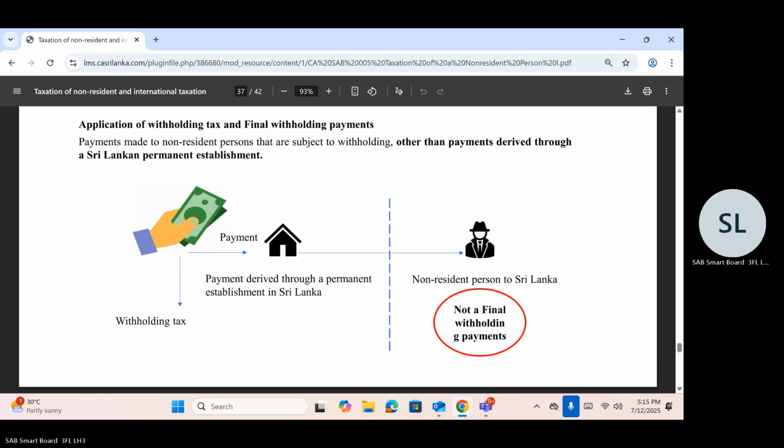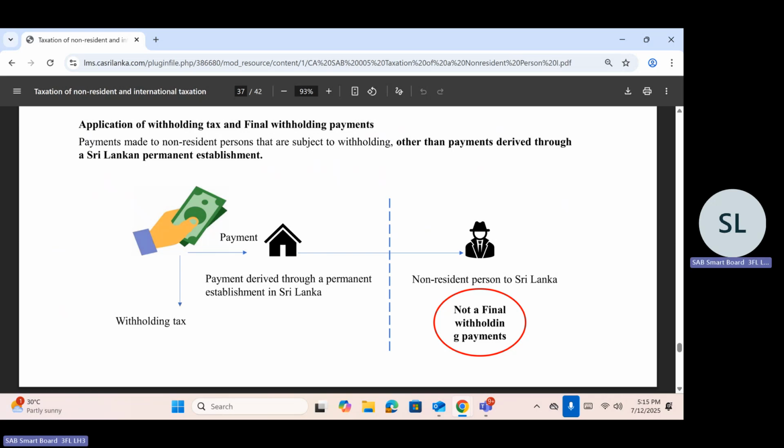Right? Clear? So payment made to a non-resident, other than payment directly to a Sri Lanka permanent establishment. If they have a permanent establishment, a fixed business location in Sri Lanka, in such a case it is not treated as final withholding. In the other case, it is treated as final withholding.